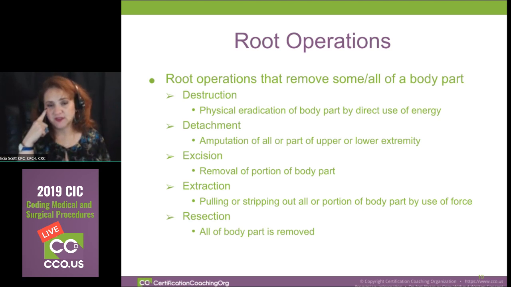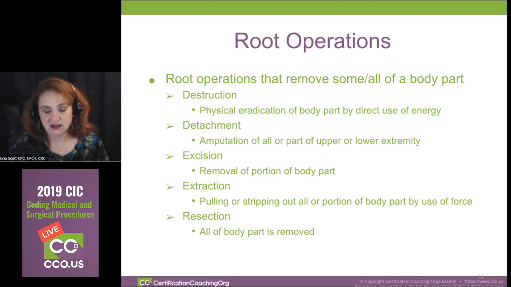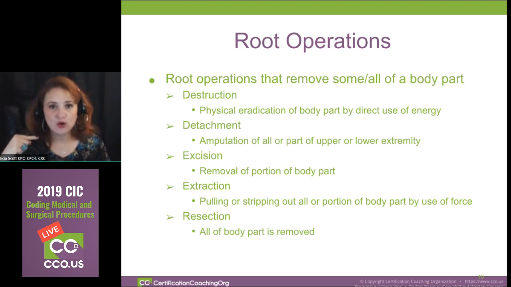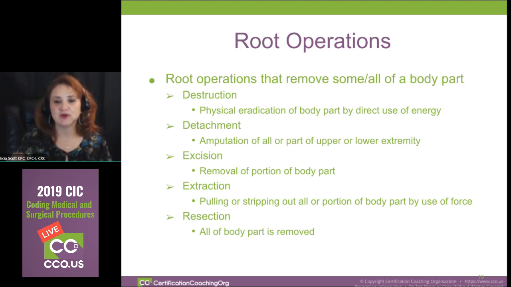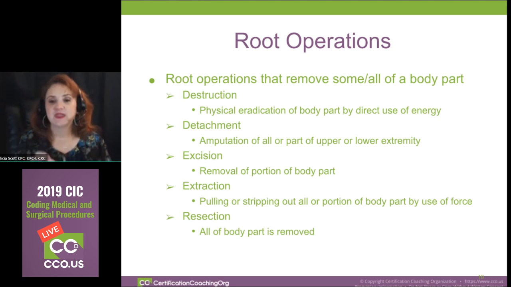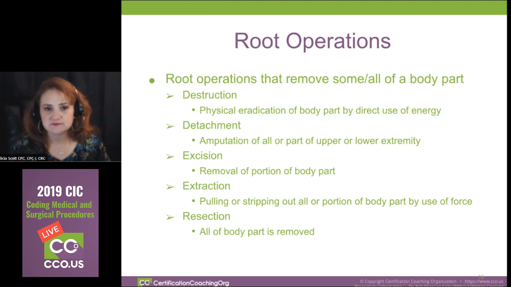So if we remove the eyeball, if we amputate the eye from the body, it is not a detachment because it's not an upper or lower extremity. If we remove the outer ear, is that a detachment? No, because it's not an upper or lower extremity. See how these are so well defined?